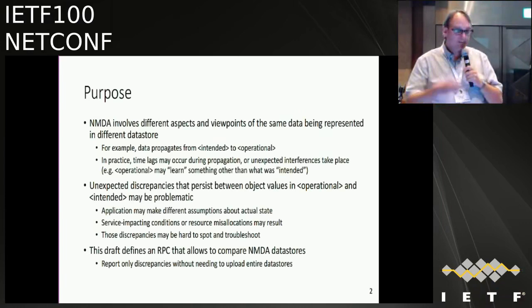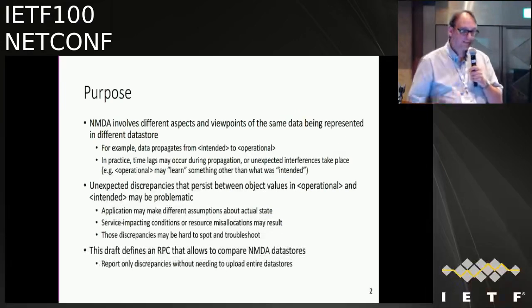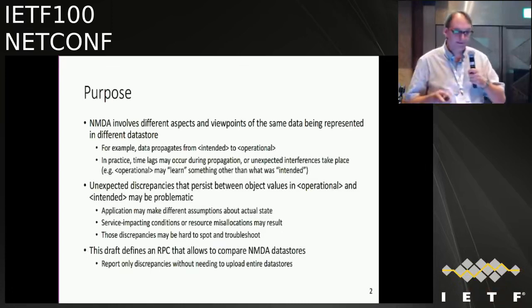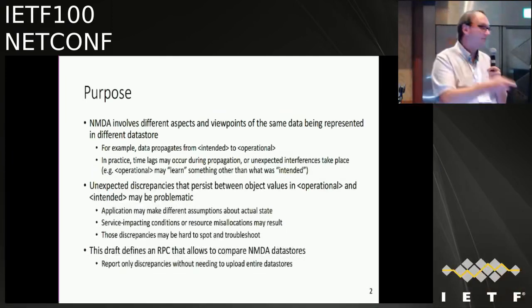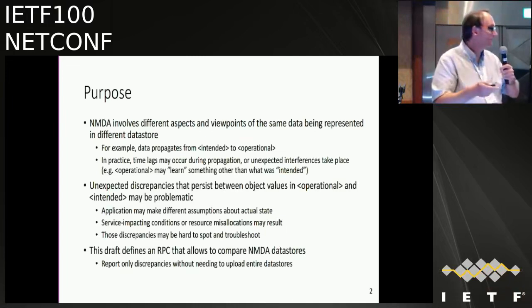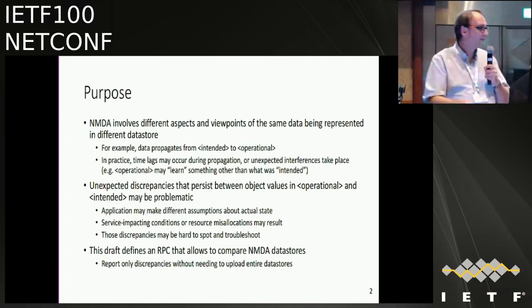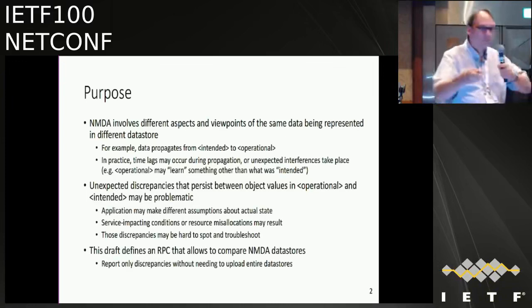To cut to the chase, the draft defines an RPC data model that allows comparing NMDA data stores and seeing if there are any unexpected discrepancies between, for instance, intended and operational, where something is either not propagating or something that was intended is suddenly learned or whatever.